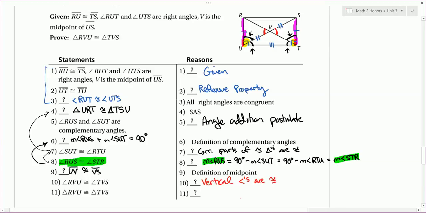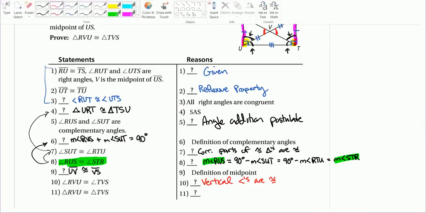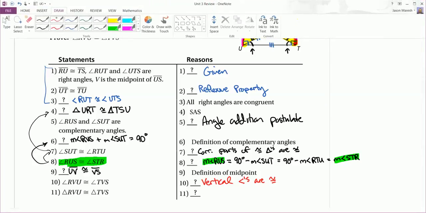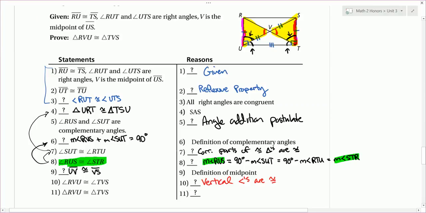And we made it to the last statement here. Triangle RVU, I'm going to highlight that one, is congruent to triangle TVS. So let's see, what is telling us that? Obviously, we have our vertical angles in 10.